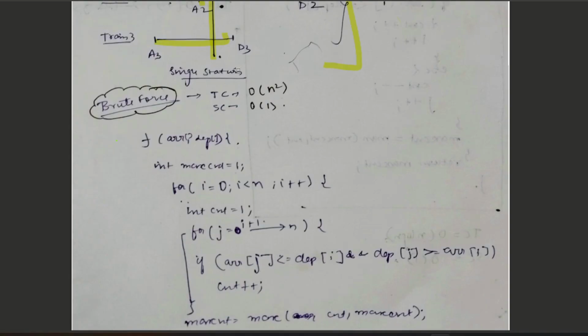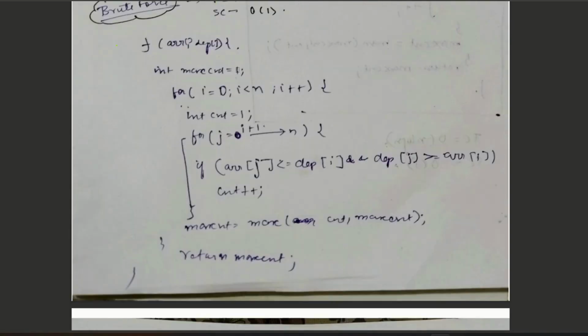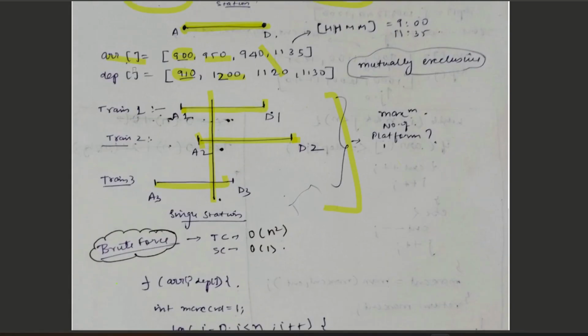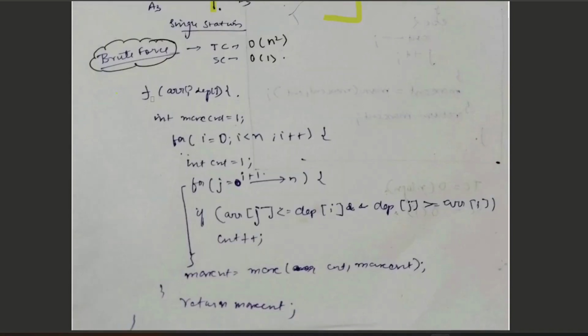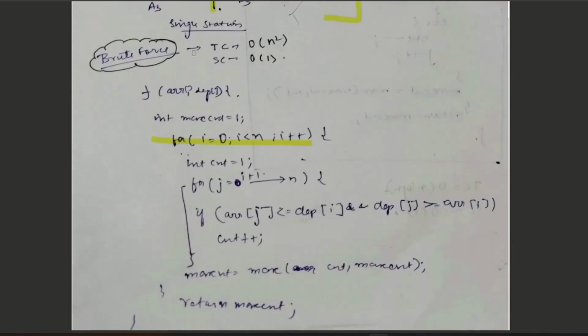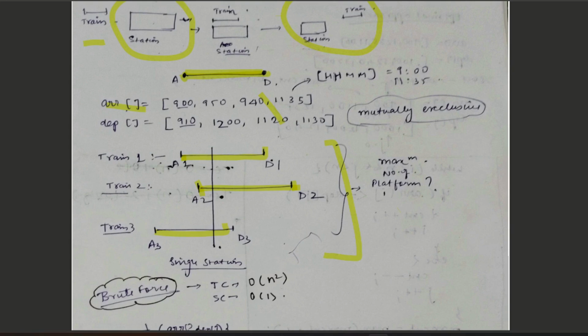The first approach states that we traverse the arrival array and the departure array, and we take two loops. The first is the outer loop which goes from the 0th index, and the second is the inner loop, which goes an index ahead of the outer loop. So we compare the train that is behind on the timeline with the train which is ahead of it.